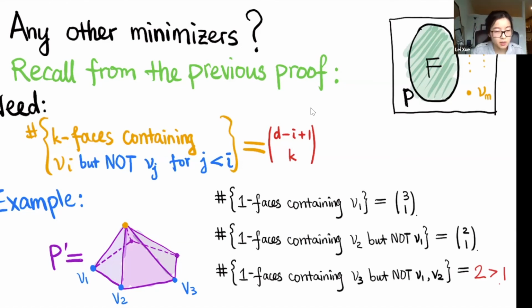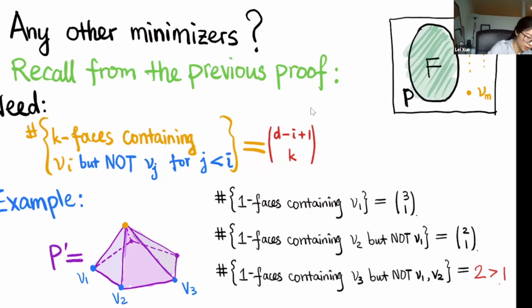And I claim that the reason for that is that this example P prime, this polytope, just has too many facets. When we are counting the number of edges containing v3 but not v1, v2, in the key proposition, we were counting such edges in a d-2 dimensional face.